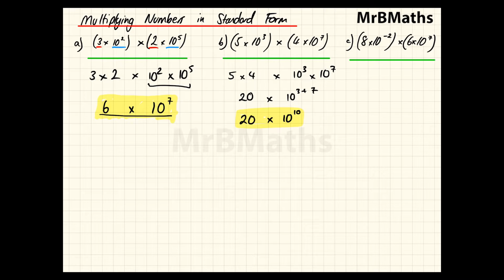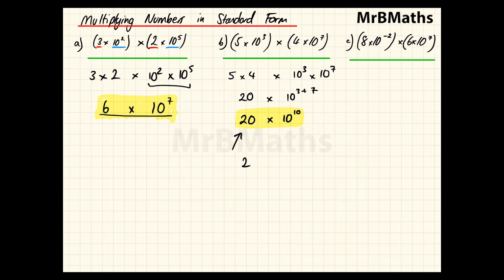Now we have a problem, because remember what I said at the beginning, this number here is not in standard form, is it? Because it's 20. Remember, standard form must be between 1 and less than 10. So to convert this from a non-standard format into standard form, we're going to have to adjust this slightly.